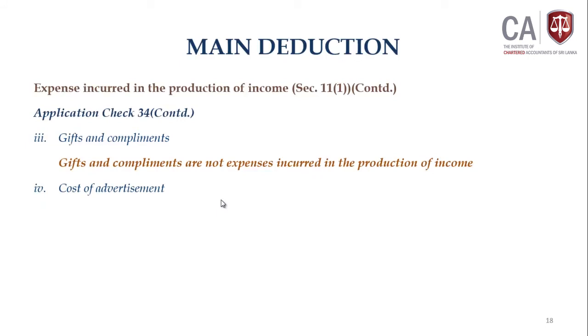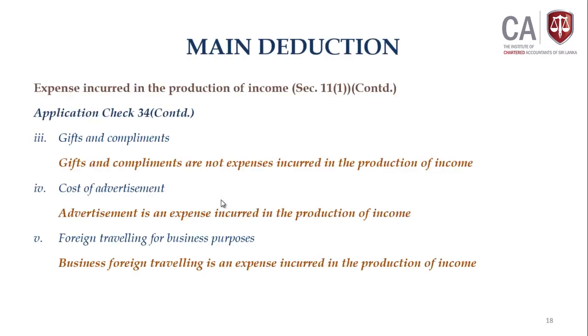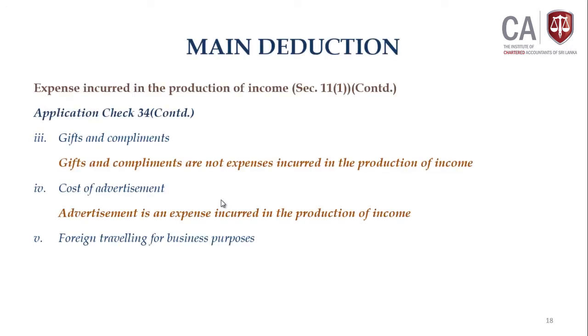Advertisements, no specific rule, but it's incurred in the production of income, you can claim. It's a business nature expense. Of course, advertisement is basically for revenue generation, to promote the sales. It's incurred in the production of income.